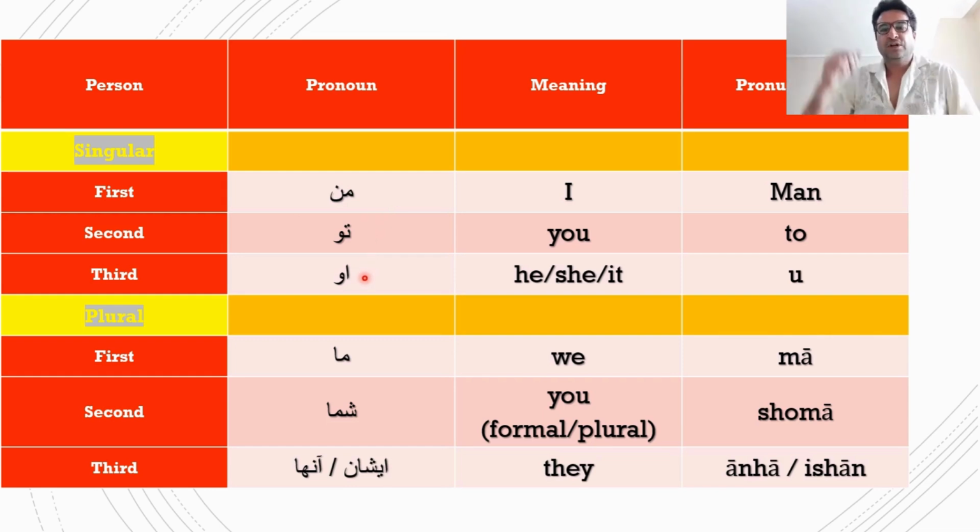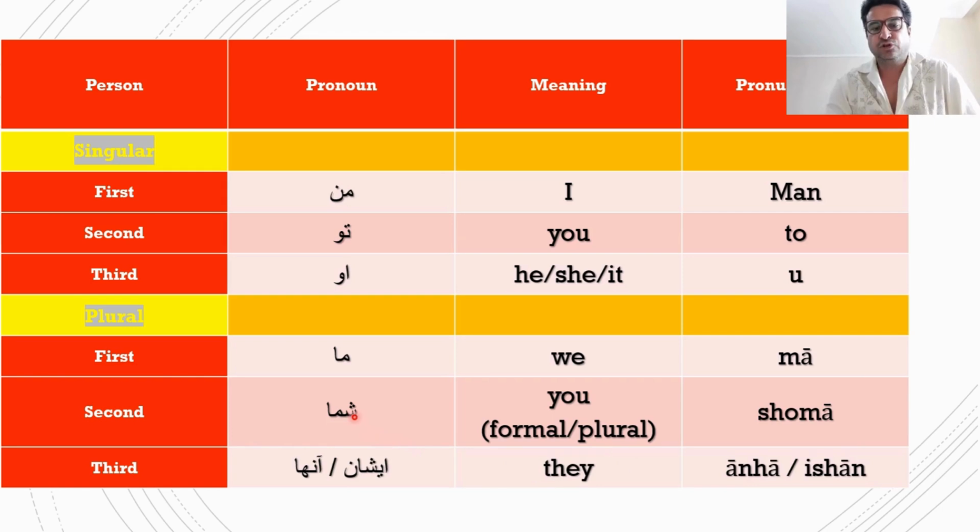As you can see, for he or she or it, we have got only one pronoun, thanks God. So that is u. For the plural form, we have got first, second, third. So ma, if we are two persons or more, ma, we, shomā, ishān, or ānhā, two different words with the same meaning.